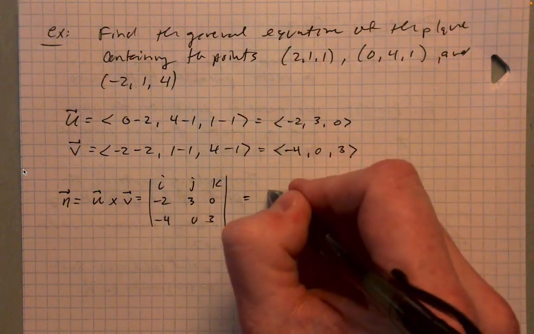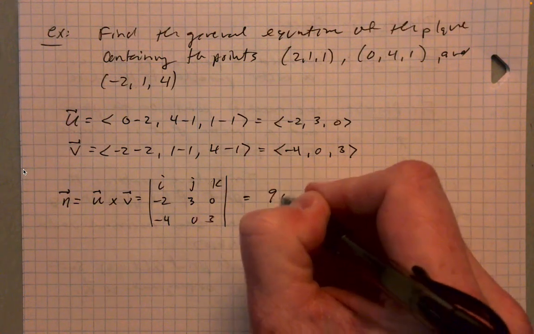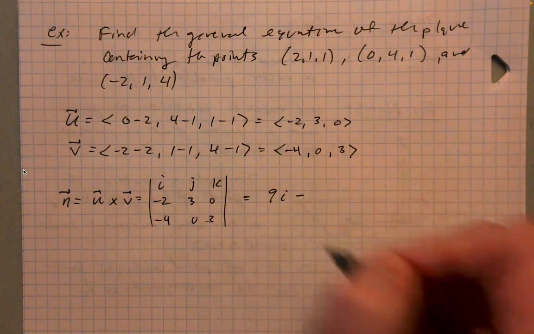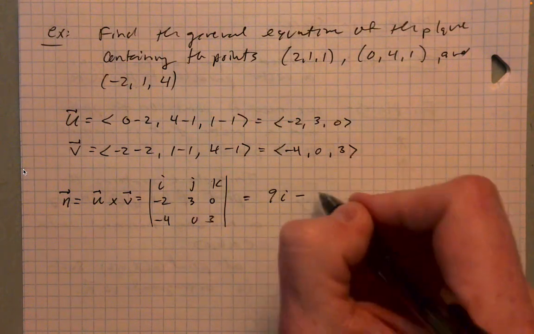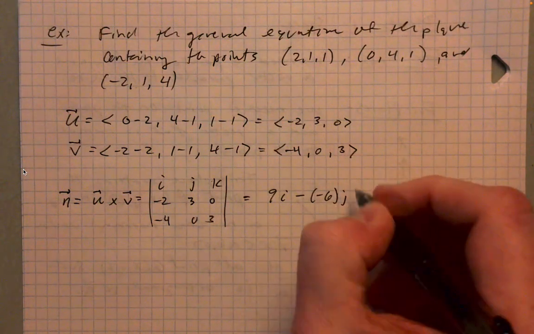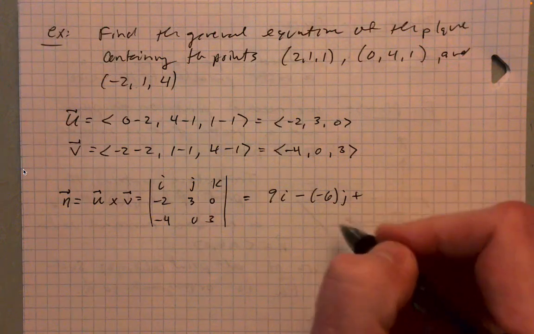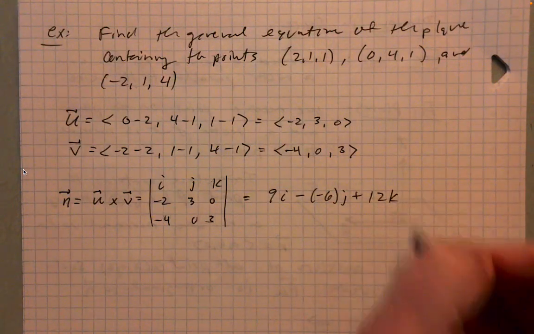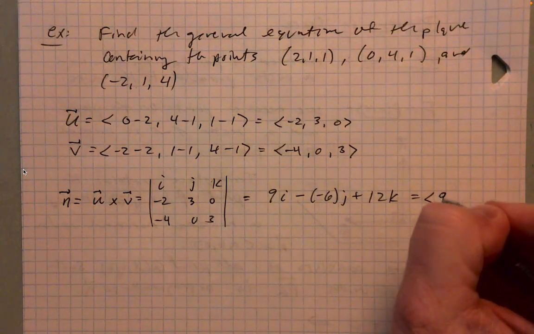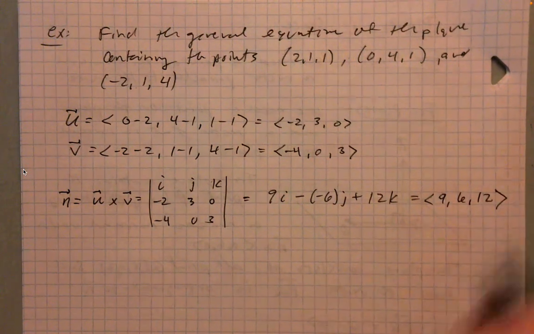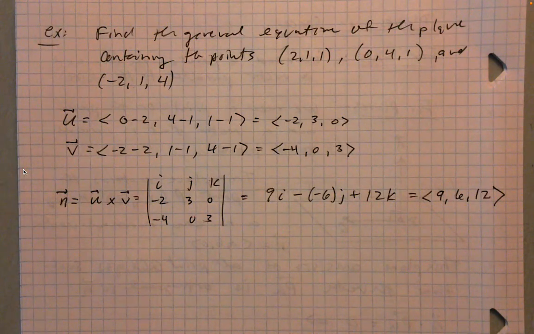That's your i, so you get 9i, and then minus, and you would get -6 minus 0, so -6j, and then plus 12k. And so that vector is 9, 6, 12. That vector is normal to the plane that we're describing here.